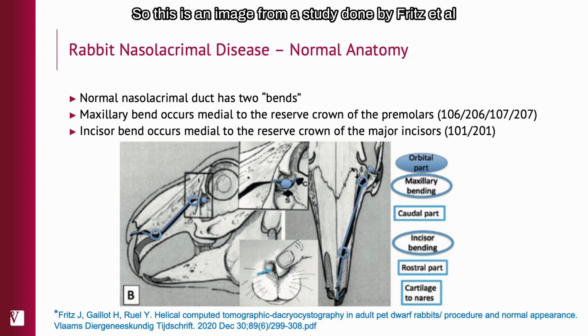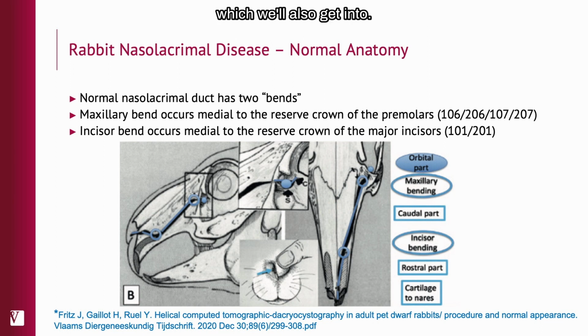All right, so now let's talk a little bit more in depth about nasolacrimal disease in rabbits, and especially the imaging findings. So this is an image from a study done by Fritz et al. looking at the normal anatomy of the nasolacrimal duct in rabbits as seen on CT, and then with a description of the procedure for performing dacryocystography, which we'll also get into.